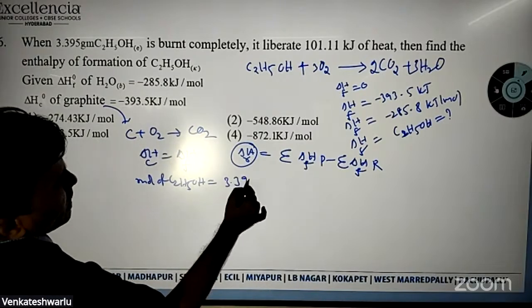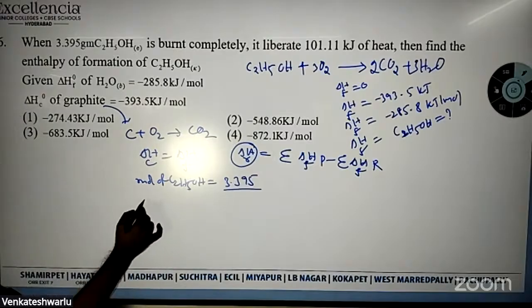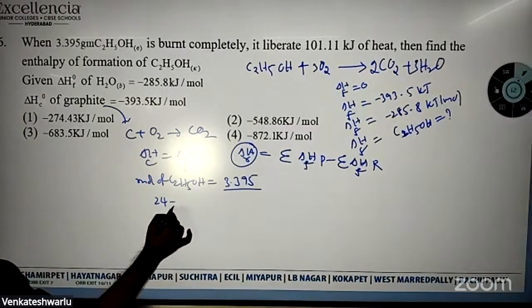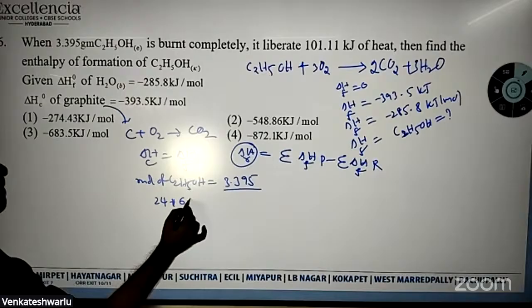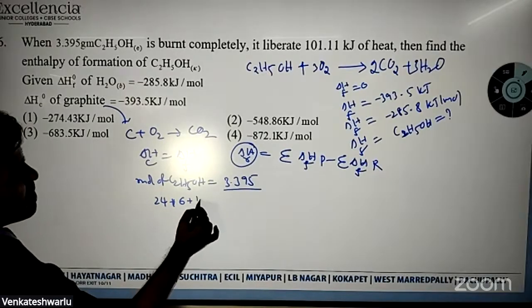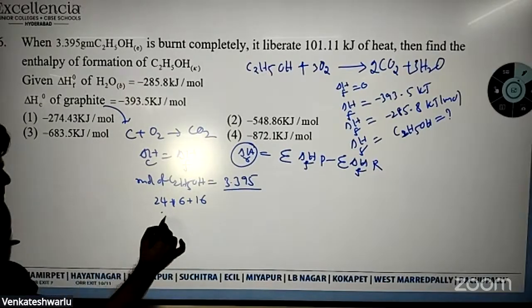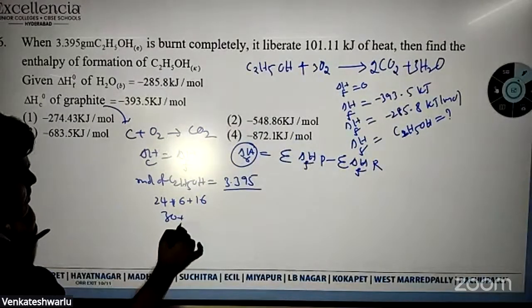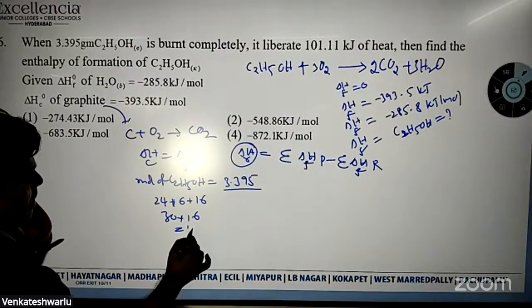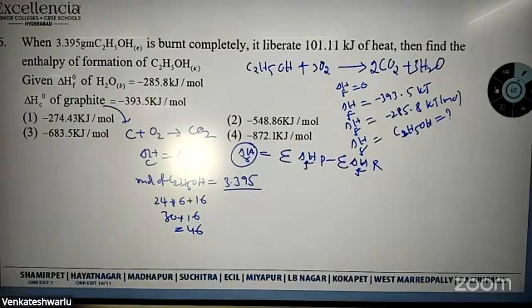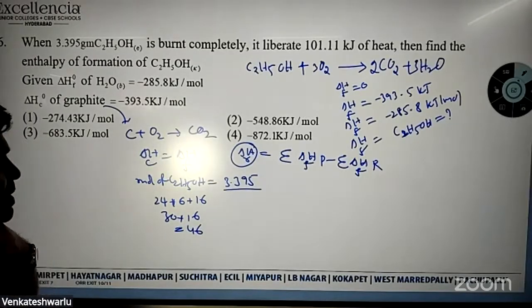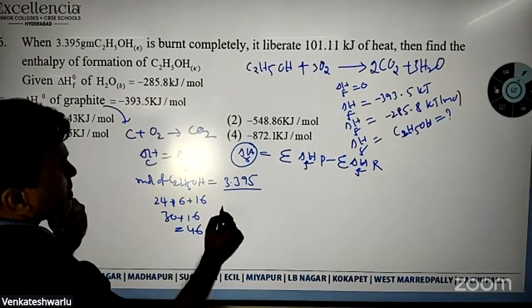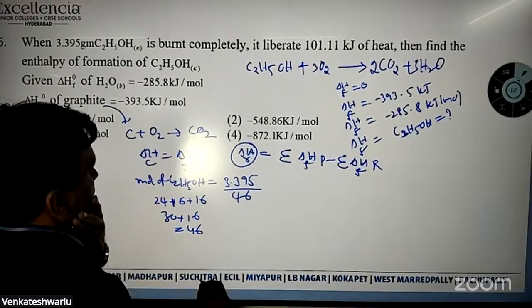So given weight by molecular weight. Molecular weight: 2 carbons is 24, 6 hydrogens is 6, and oxygen is 16. So it is 30 plus 16, it is 46. Overall it will be 46.